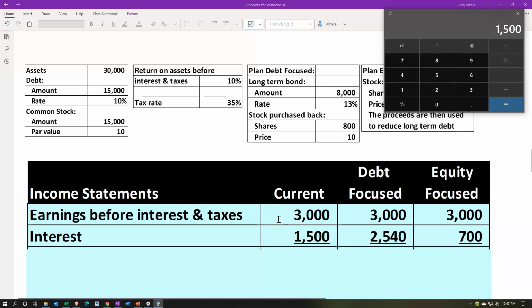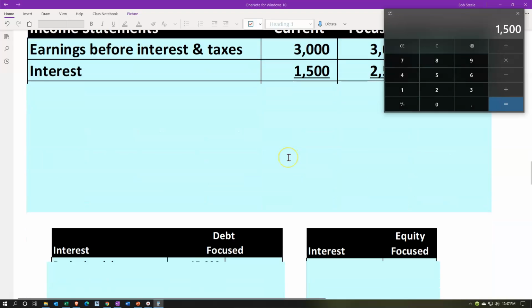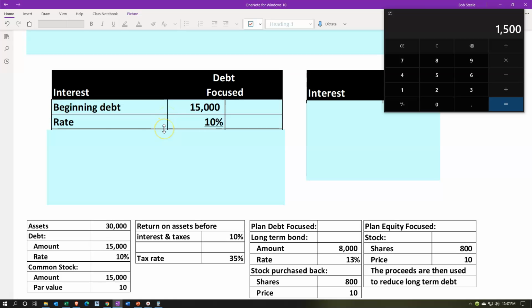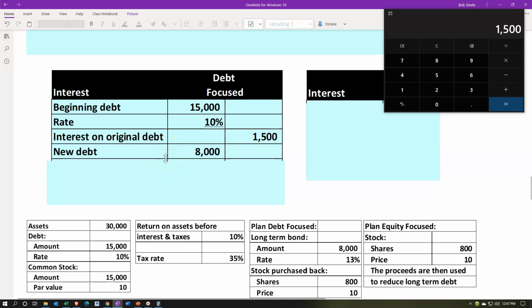On the debt-focused plan, we're going to be taking out another 8,000 of debt and using it to pay off the equity. So let's do a little sub-calculation down here. The beginning debt was at the 15,000 times the 10%, which we just calculated. That's that 1,500. Then we're going to be issuing new debt of 8,000. The rate is higher now. We have to pay more because that's what happened with the bank.